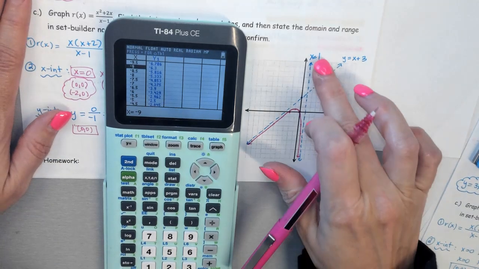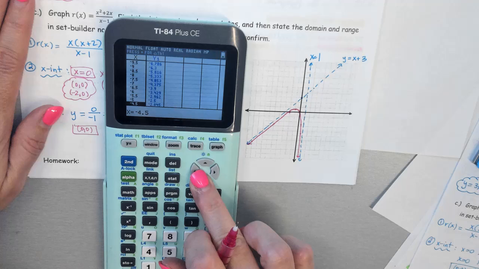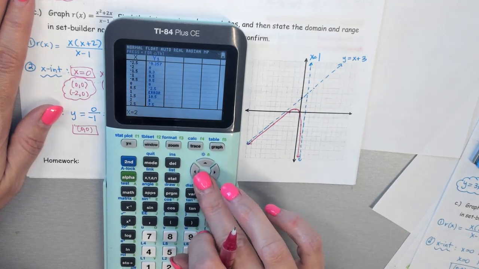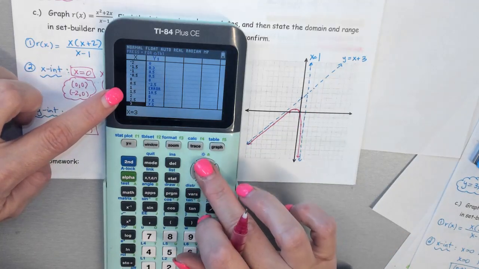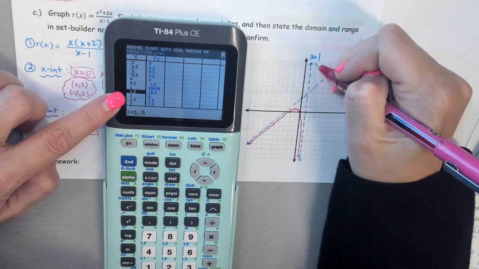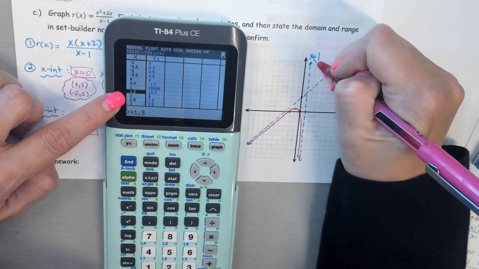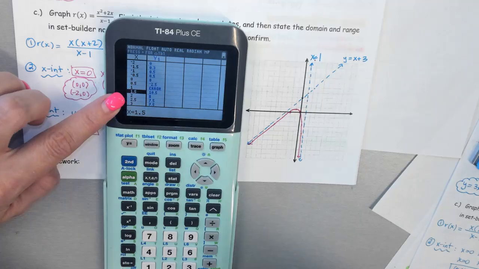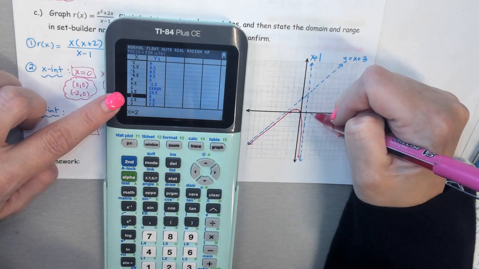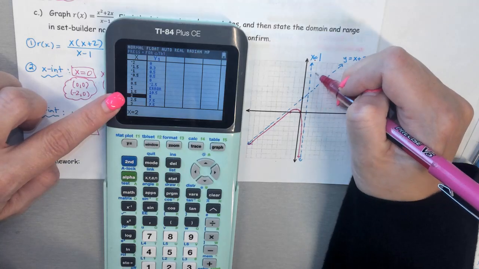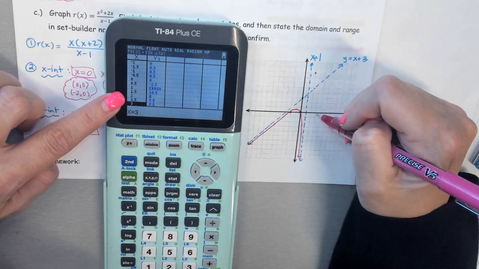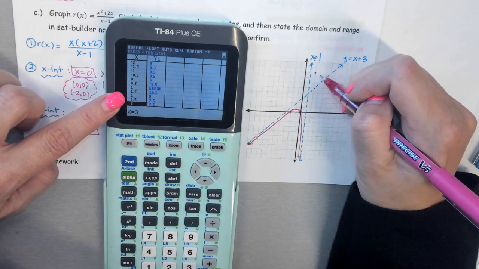All right, and then I'm going to create this top branch here by looking at some values that are greater than 1. Okay, so 1 is an error. That's a good sign because that matches up with what I have. This 1.5 is up at 10.5, which is about there. I'm going to put that on so I can see where I'm going. And then at 2, I'm at 8. At 3, I'm at 7.5.